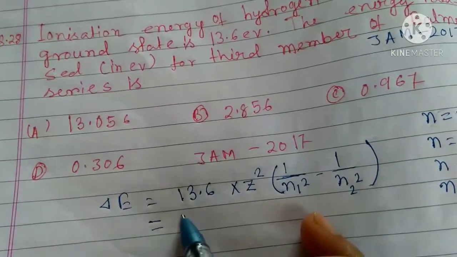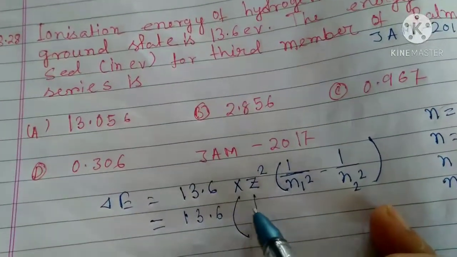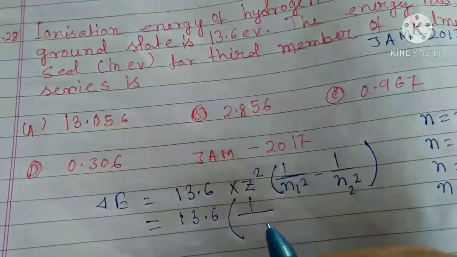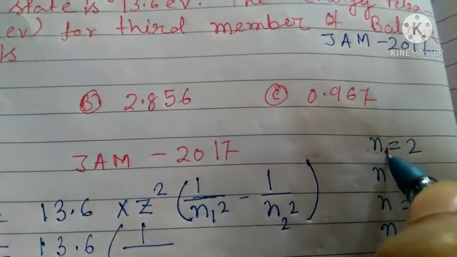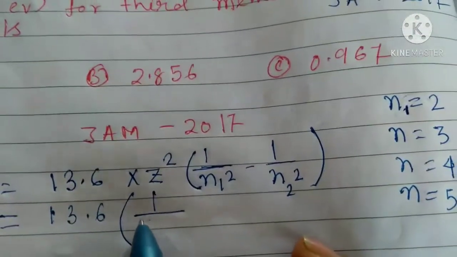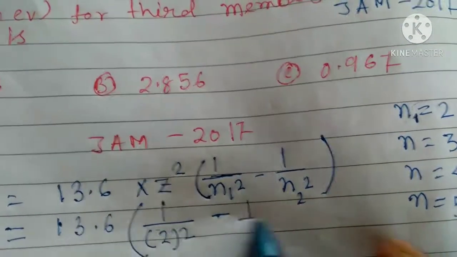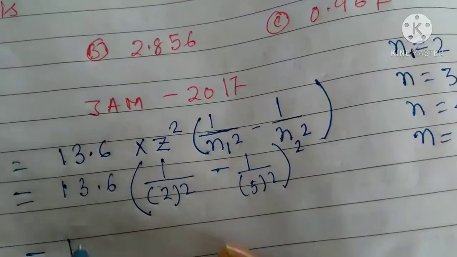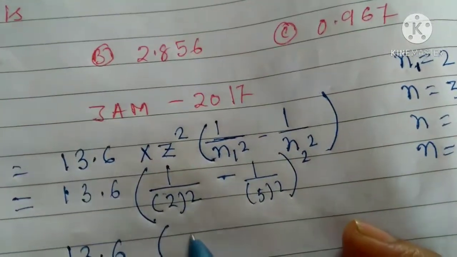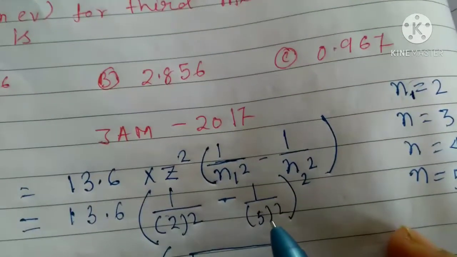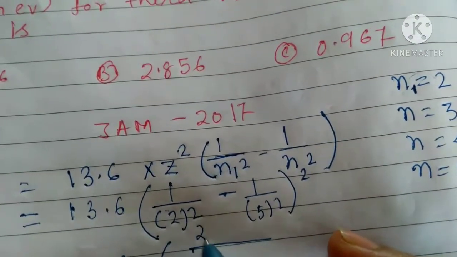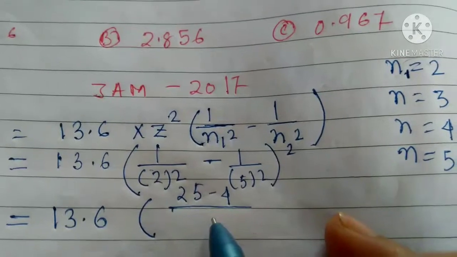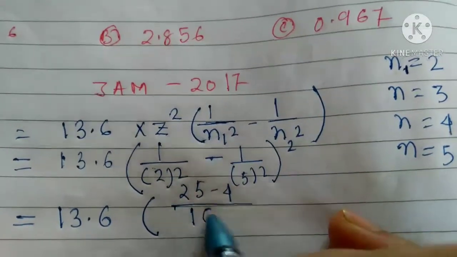this Z is 1 for hydrogen, so it will be 13.6 into 1 by, the energy released for the third Balmer series is that n1 is equal to 2 for Balmer series, so 1 by 2 square minus 1 by 5 square, so it will be 13.6 into 25 minus 4 by 25 into 4, which means 100.